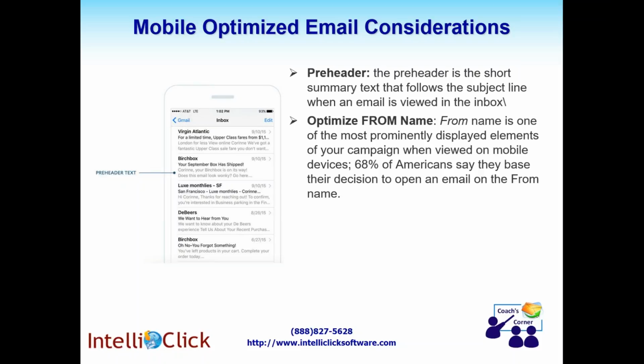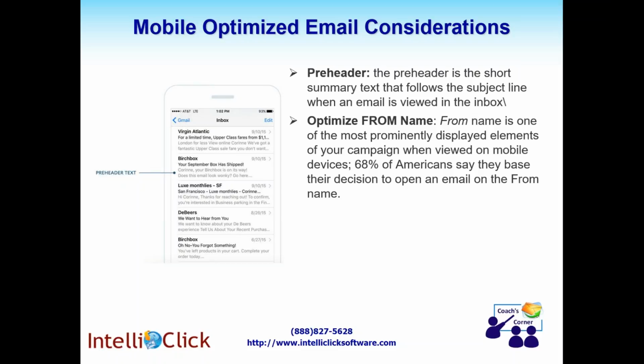Another thing we've told many of you over time as we do training, many of you have worked with Pam here in our training area, and have learned that the from address is extremely important in terms of how well you actually are opened or received, and even getting through spam filters for that matter.